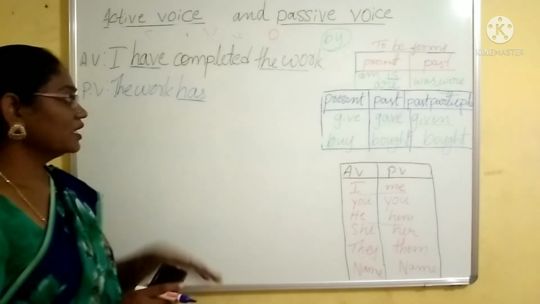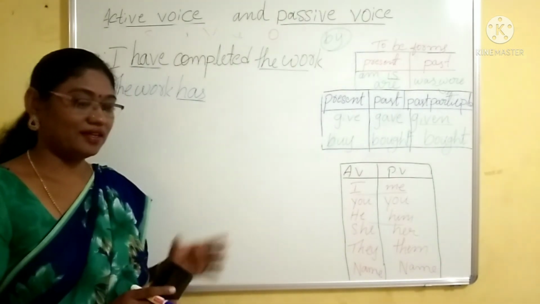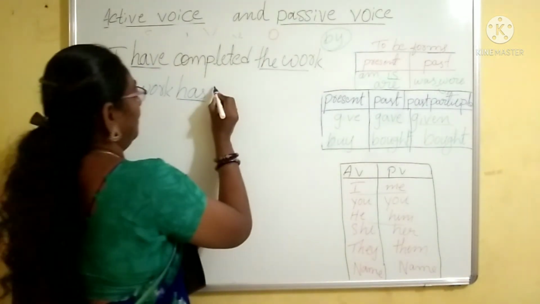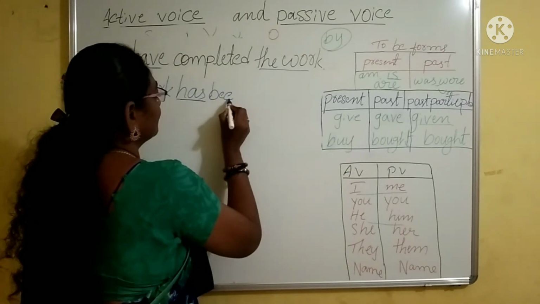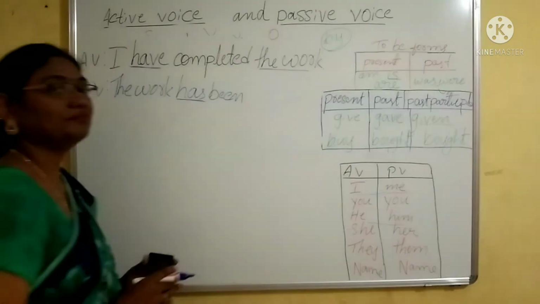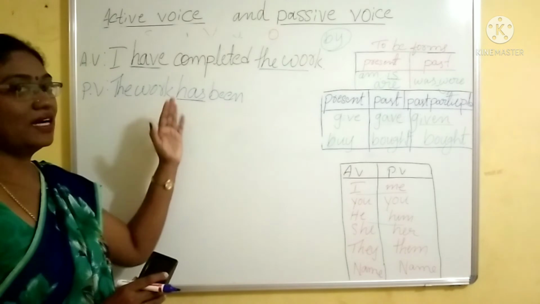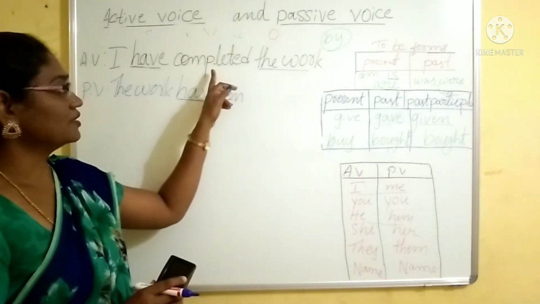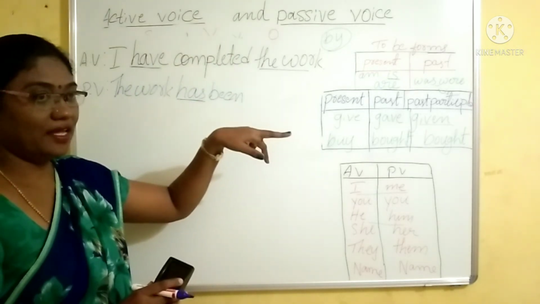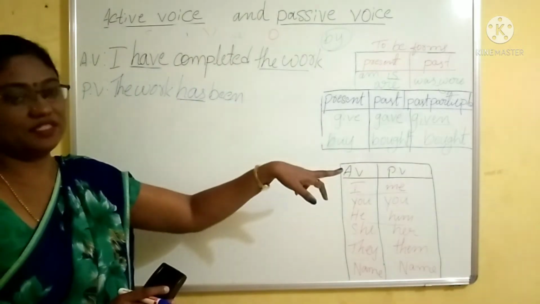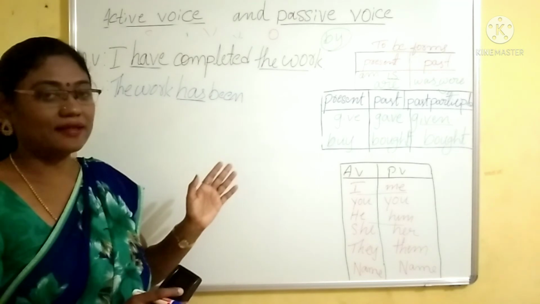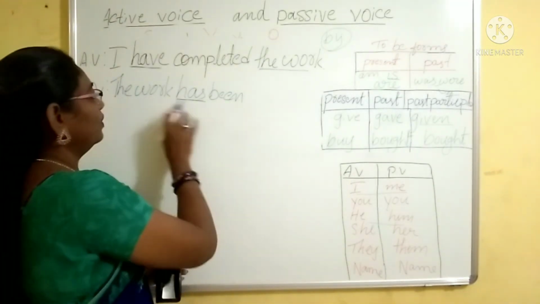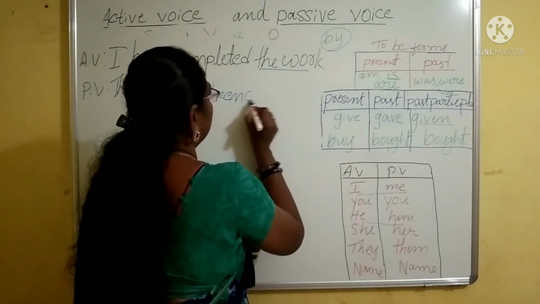Now, is there anything to add? Yes, we have to add been. The work has been completed. Completed is already there in the form of past participle, so we can write it as it is.